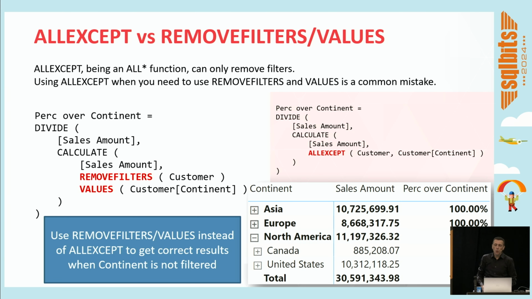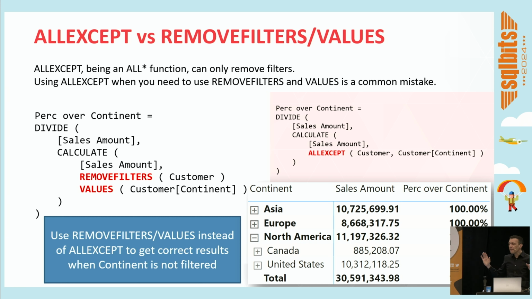So basically, whenever you have a similar problem, I displayed the simpler example, which is the percentage of continent, but you might have many other similar examples where you know that given a filter on a certain column, there should be only one other value corresponding in the same table or in some other column or table.